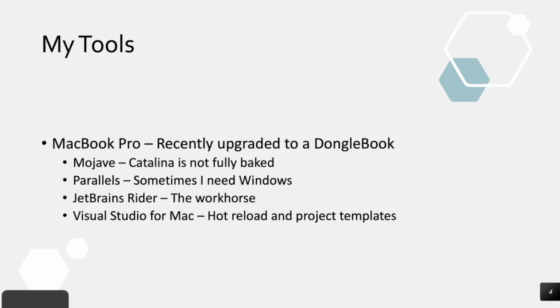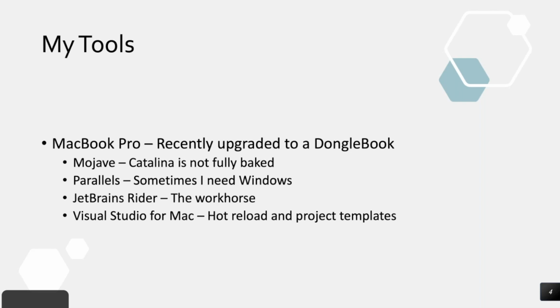I switched over to a Mac about 3 years ago, and really have stuck with it. The reason why I've stuck with it is because it presents the best of both worlds. Like I said, MacBook Pro, I recently got one of the dongle books. I was originally on one of the older models, I think a 2015 model, which had all the ports, which was fantastic.